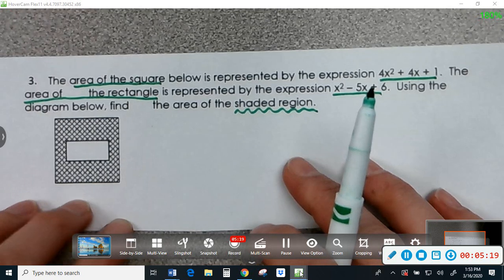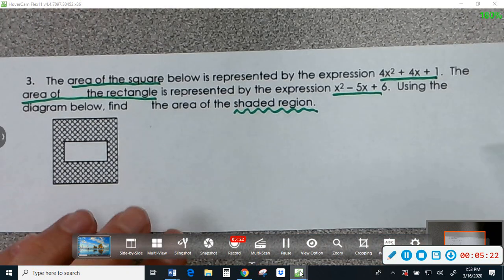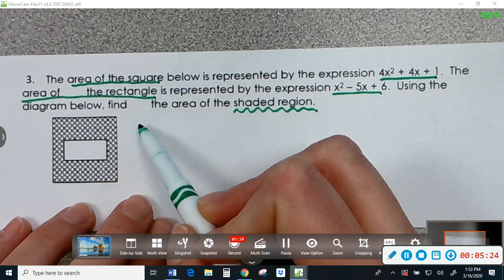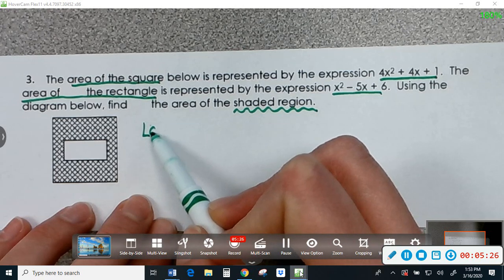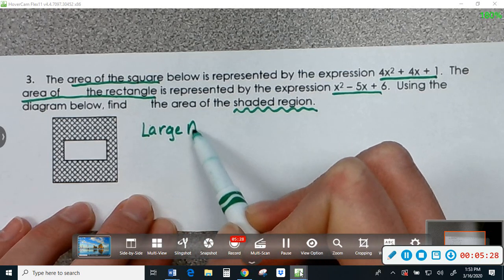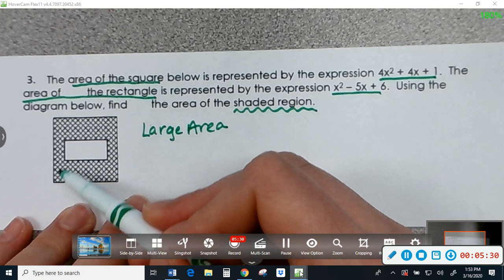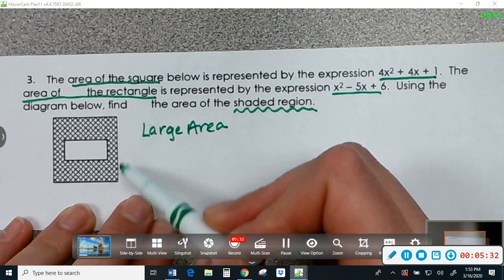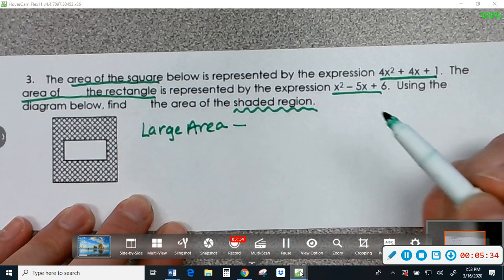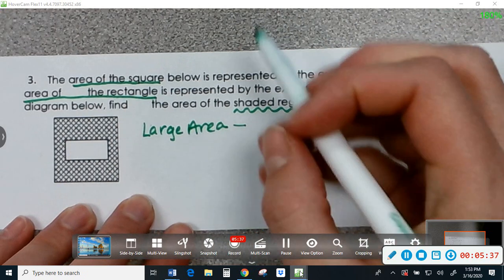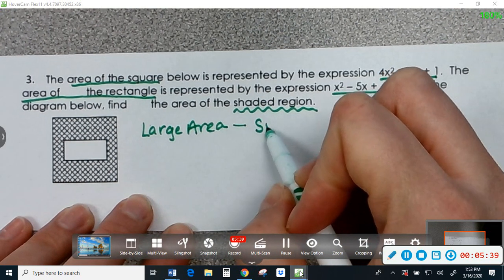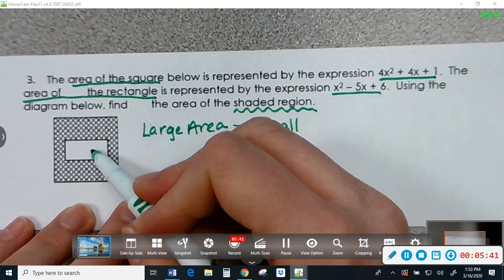Okay? So anytime we do a shaded region problem, you need to remember that to get the shaded region, we have to take the large area, which would be this entire square, and subtract or take out the small area, which is that rectangle.